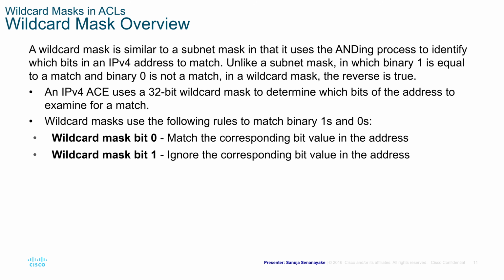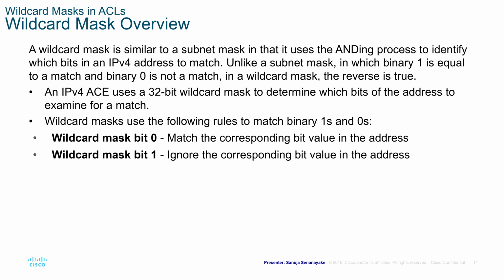An IPv4 access control entry, or ACE, uses a 32-bit wildcard mask to determine which bits of the address to examine for each match. Wildcard masks use the following rules to match binary 1s and 0s.